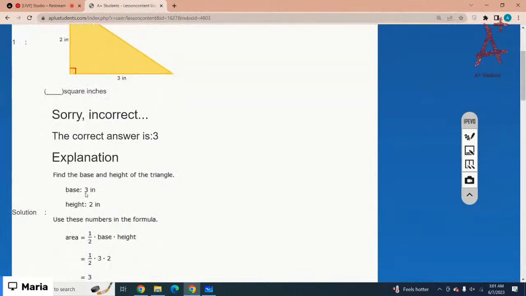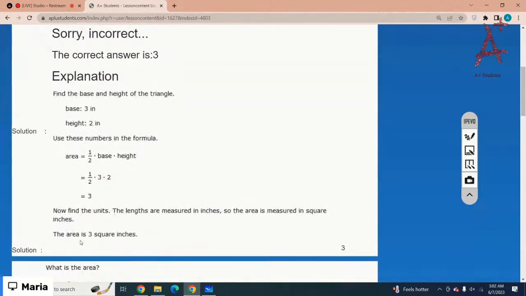You can see the base of the triangle is 3 inches and the height is 2 inches. So you just have to do half times base times height. 3 times 2 is 6 and 6 divided by 2 is 3.